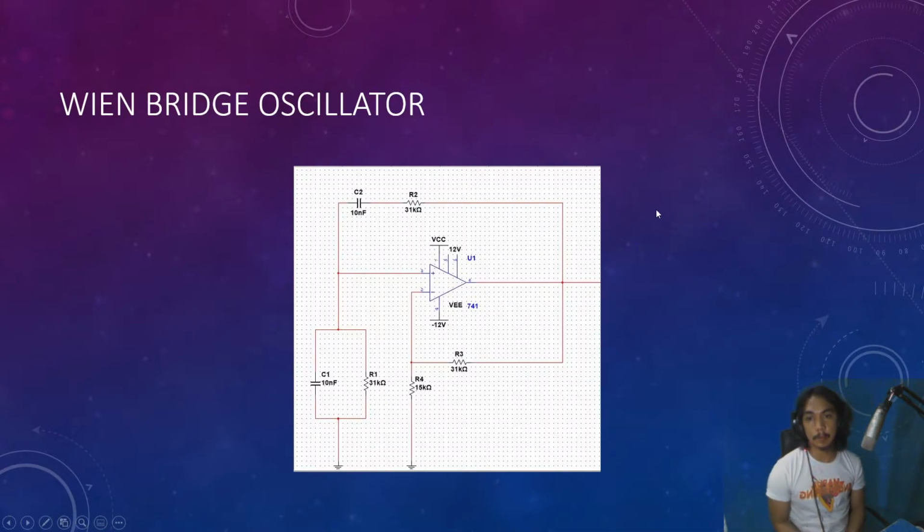So this is my Wien bridge oscillator. I chose this Wien bridge oscillator because it is much easier to build. Here, this is the high pass filter, and this is the low pass filter.